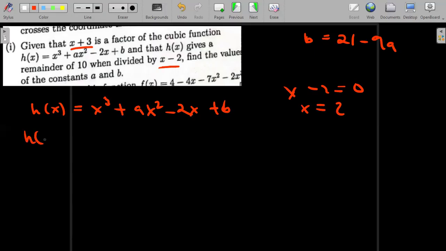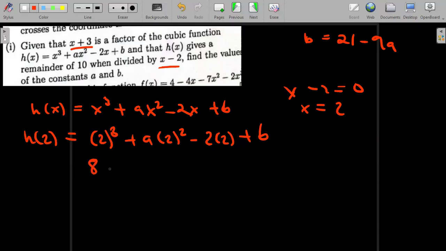So I replace where x is with 2: 2 cubed plus a times 2 squared, minus 2 multiplied by 2, plus b. Here when I cube this, I just have 8. Then square this, I have 4, that would be 4a. Then that would be minus 4 plus b.